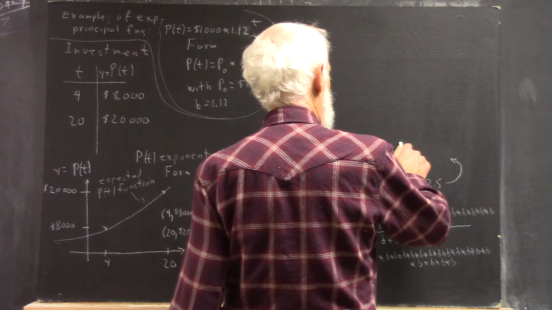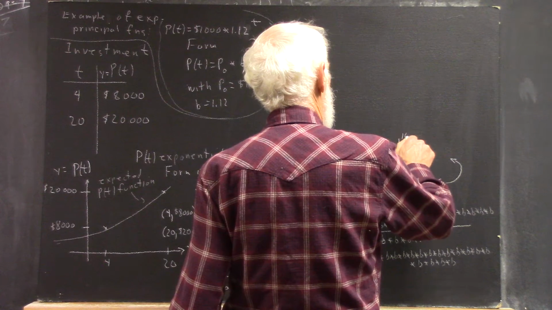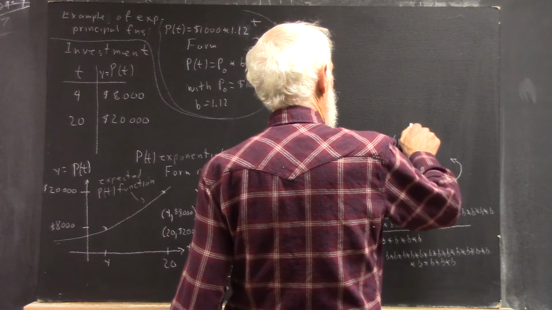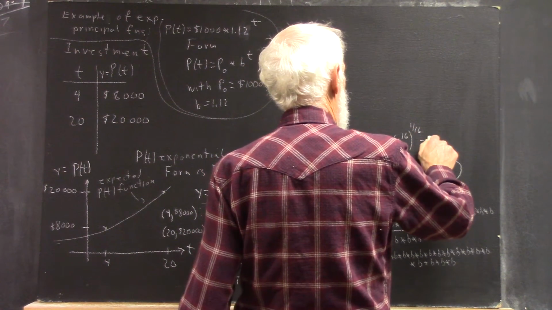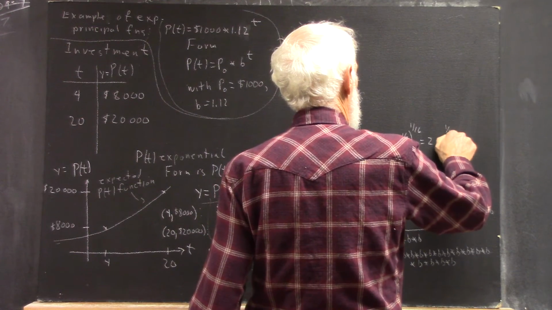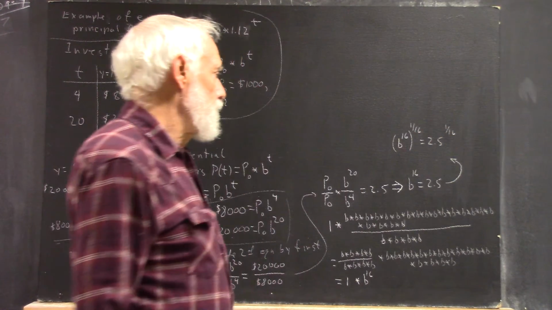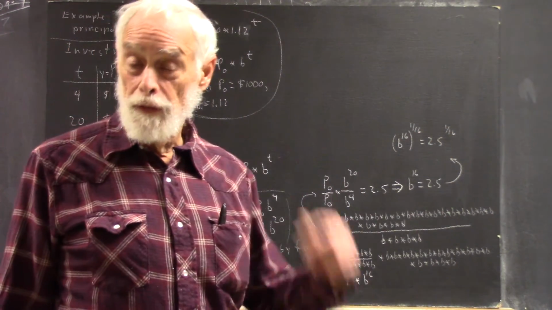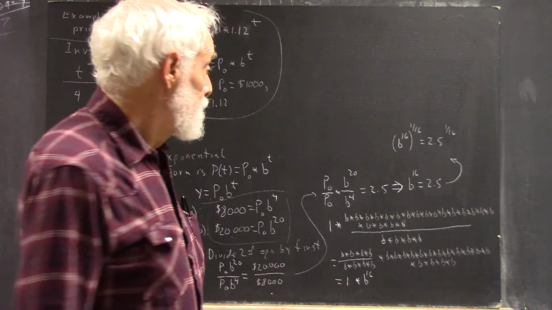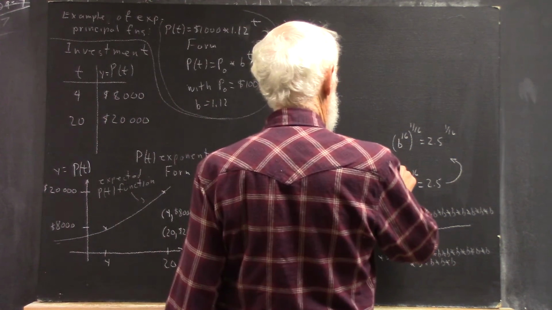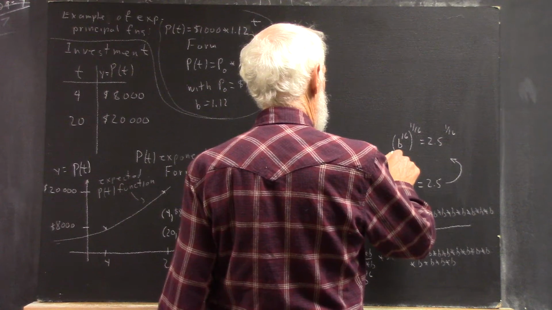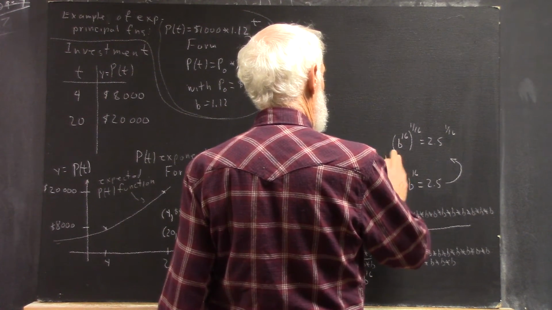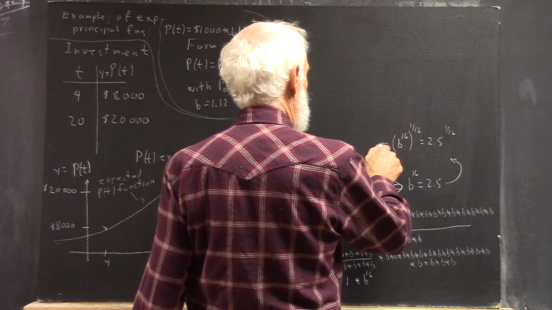Well, that tells you that b to the 16th to the 1/16 equals 2.5 to the 1/16.